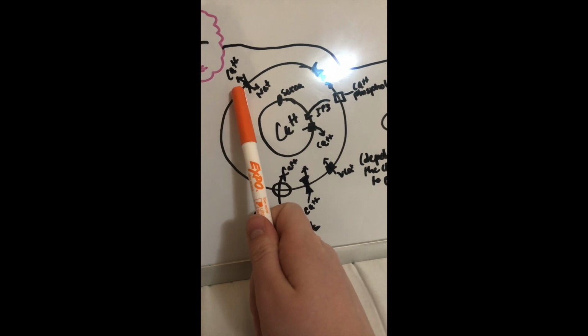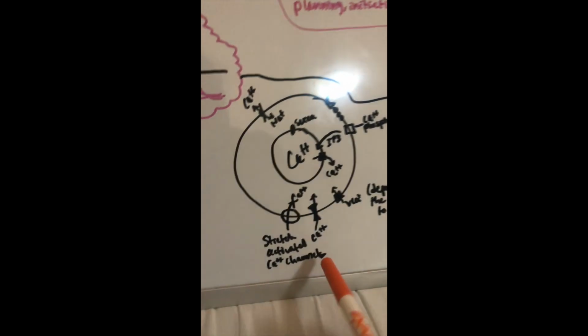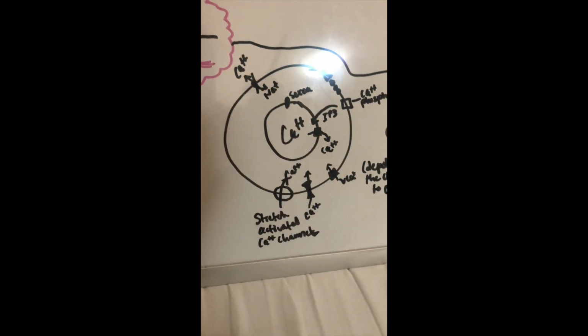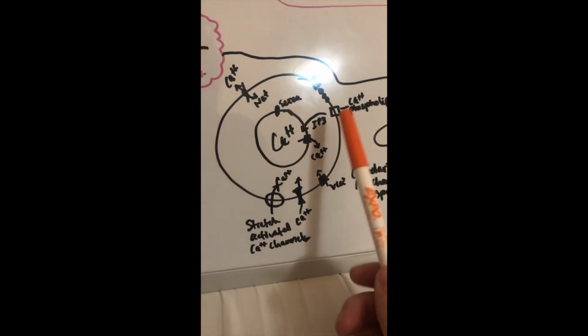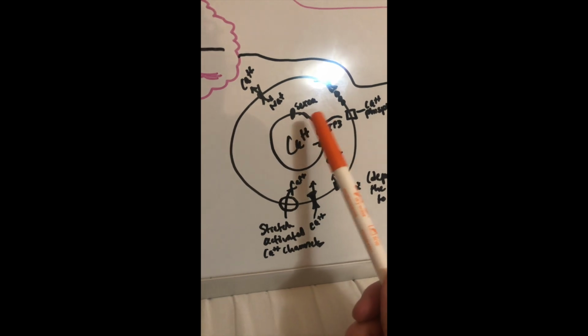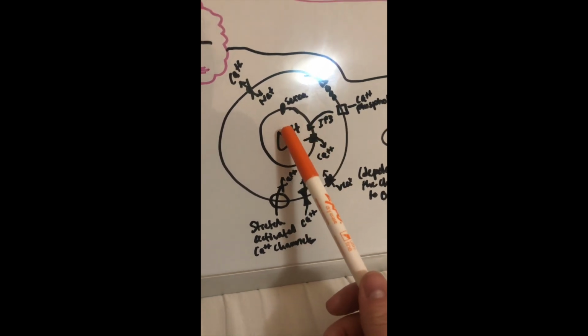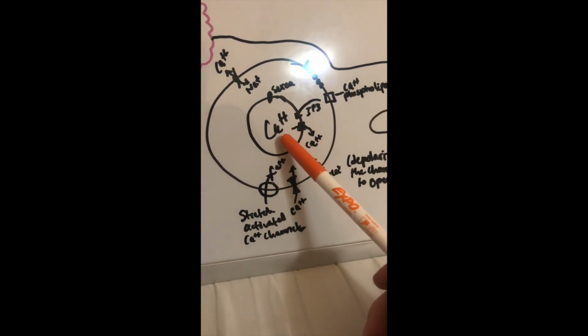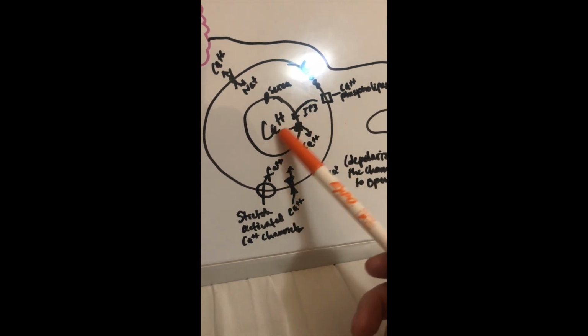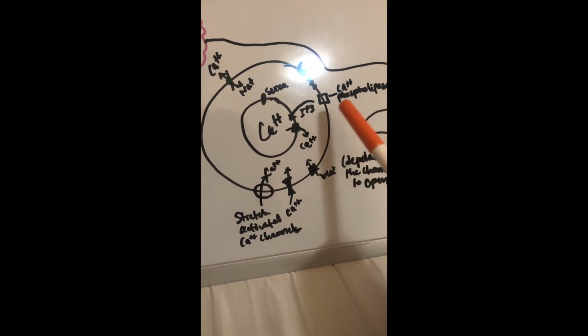So you have your sodium-potassium pump, or this is actually a sodium-calcium pump, maintaining equilibrium and our concentration gradients. You have SERCA pumps, which we know are super important for bringing calcium back into the cell. And then you have pumps bringing it out of the cell.